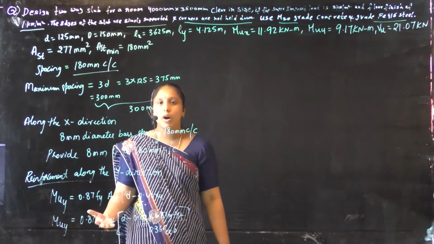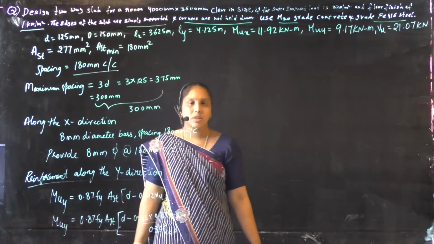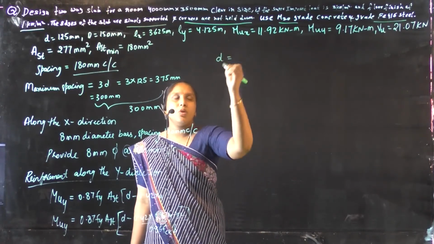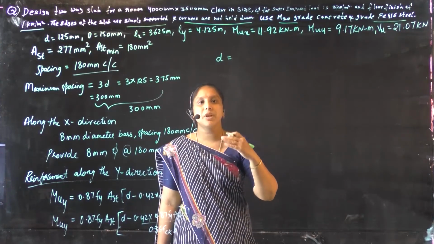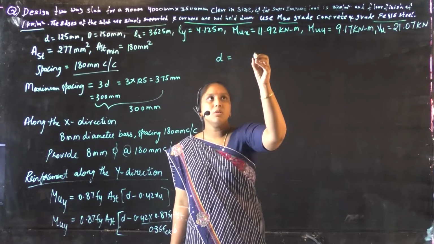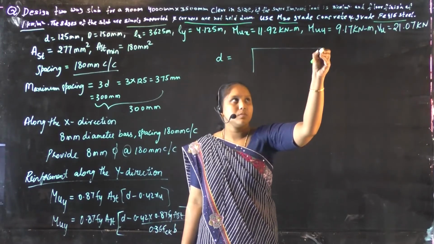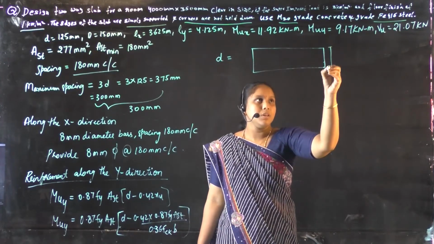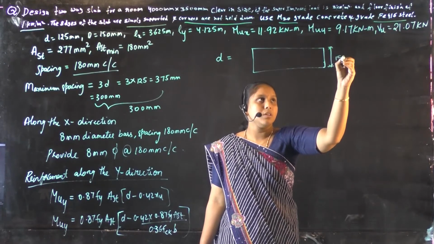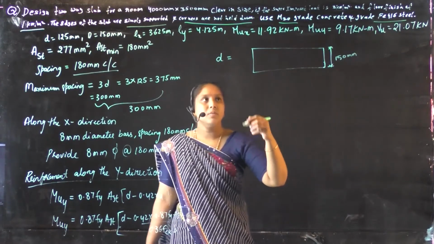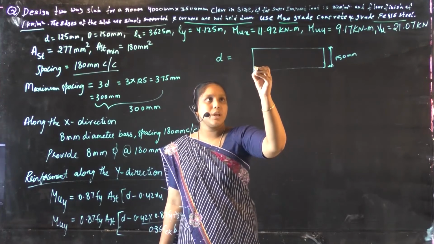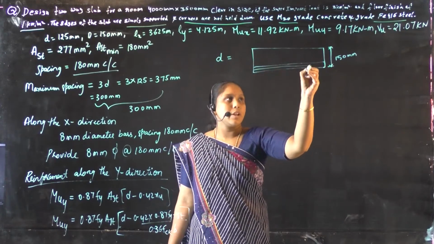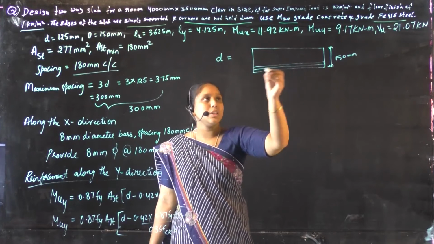While providing the reinforcement along the Y direction, we first have to calculate the depth d here. The effective depth is going to change here. Suppose this is our slab, the thickness of the slab being 150 mm. What is the effective depth of the slab? This is the reinforcement bar provided along the X direction.